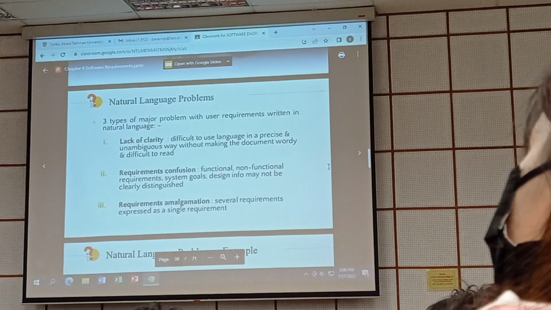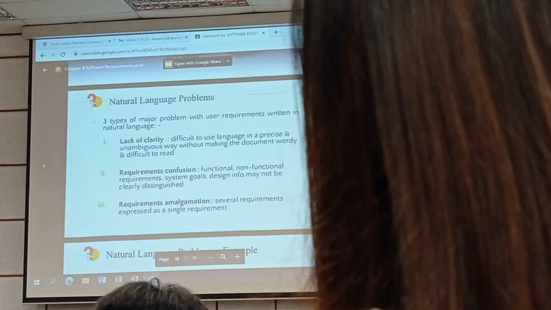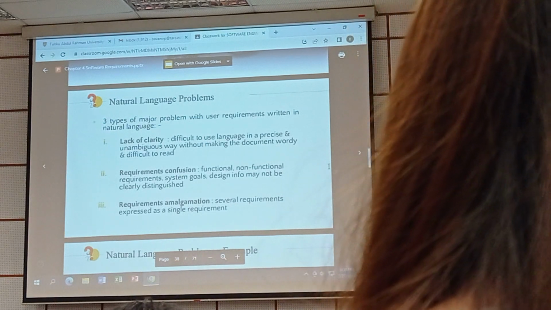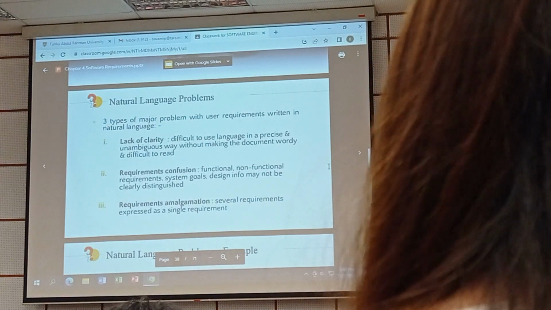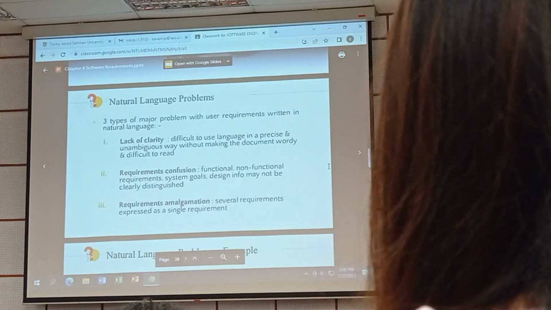Okay, so customer relation management is the system that you are doing, right? And you want to add the CRM to the payroll management system, which is a PMS. That is called amalgamation.